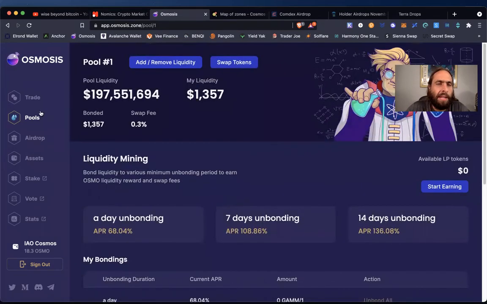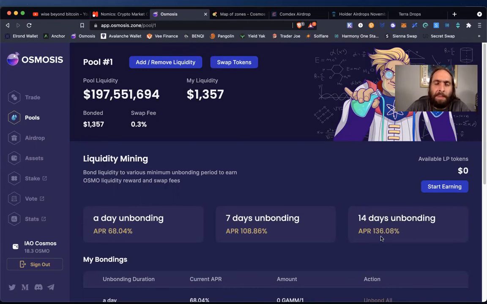Now another good feature about Osmosis you'll find in DeFi protocols is incentivizing people to lock up their liquidity instead of coming in and out and rug pulling, being a part of the community for the long haul and adding value. So for locking up bonding tokens for longer periods of time, you can actually earn a higher APR.